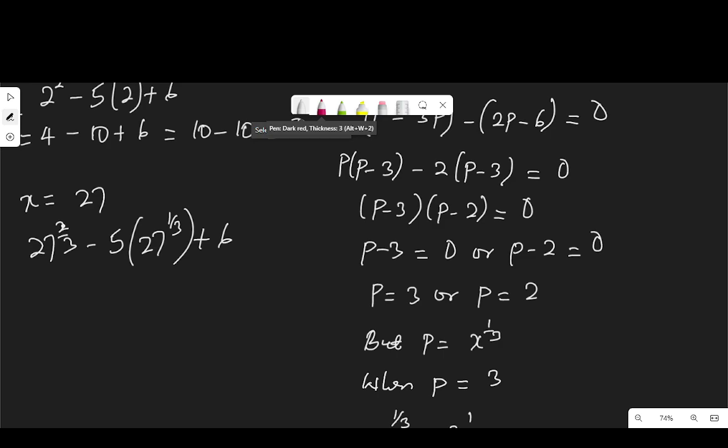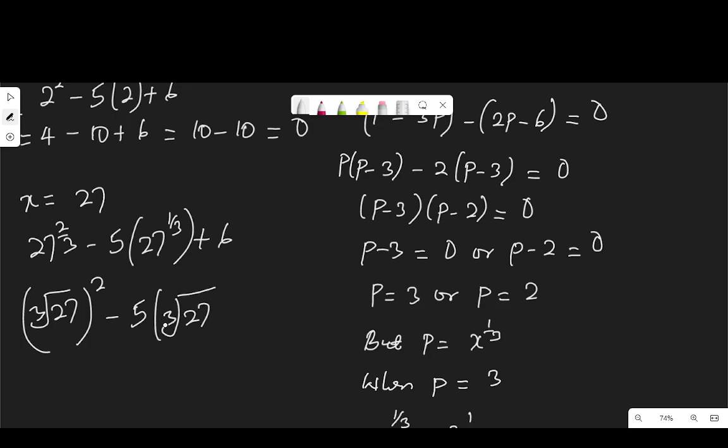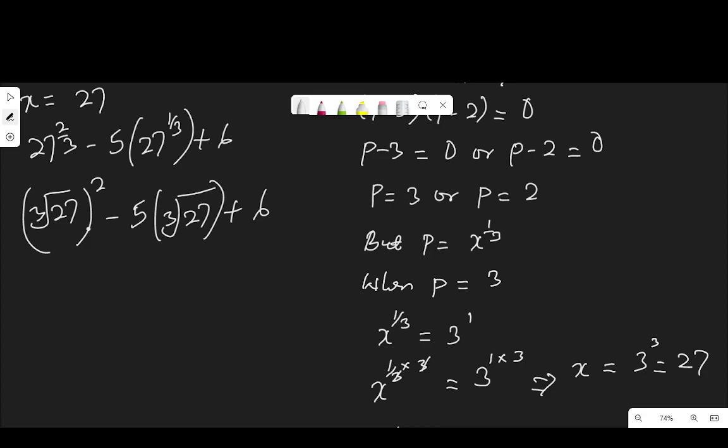27 to the power of 2 over 3, that will be the cube root of 27 to the power of 2, minus 5 times the cube root of 27, plus 6. The cube root of 27 is 3, that's a number that multiplies itself 3 times to give us 27.